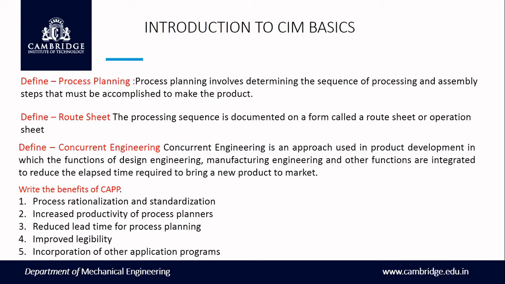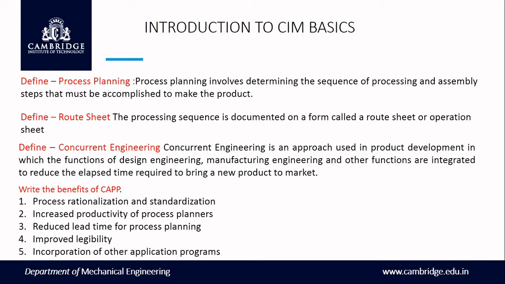Reduced lead time, or we can call it idle time, for process planning. Improved legibility and the incorporation of other application programs. These are all the various benefits if you employ computer aided process planning.